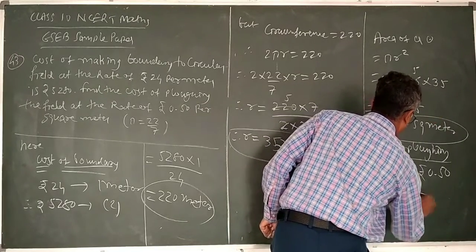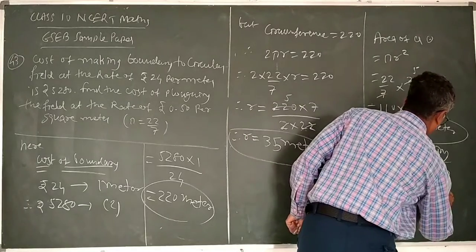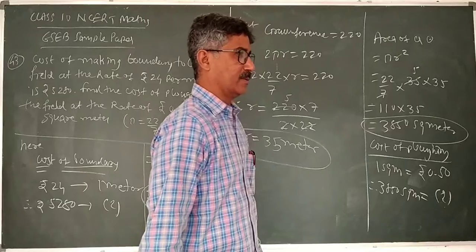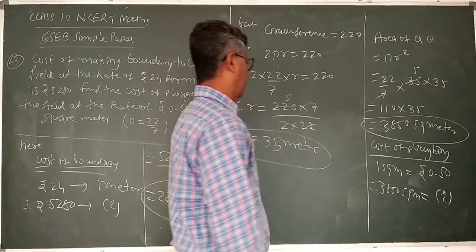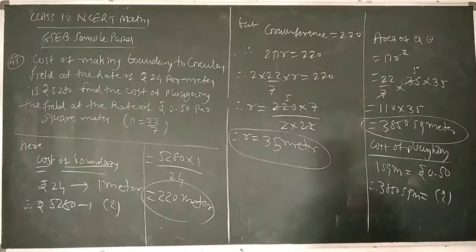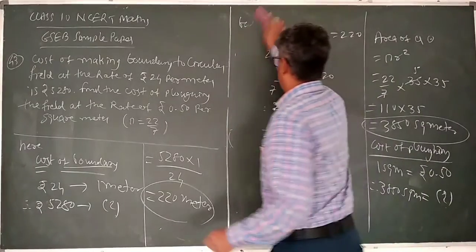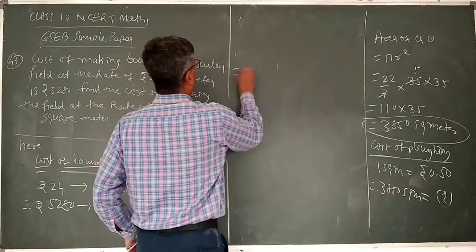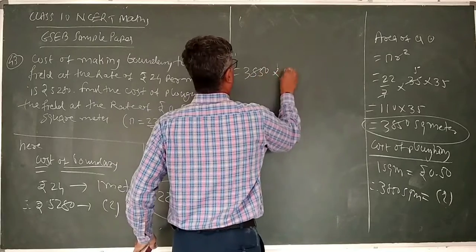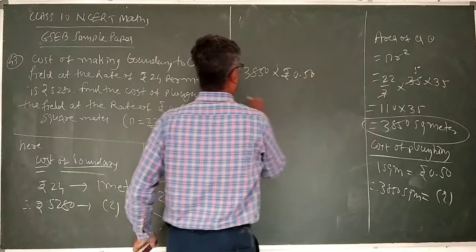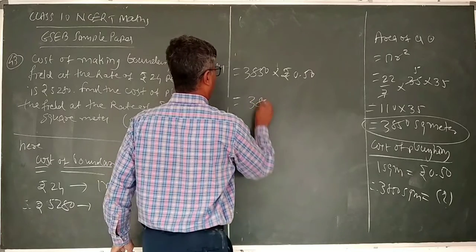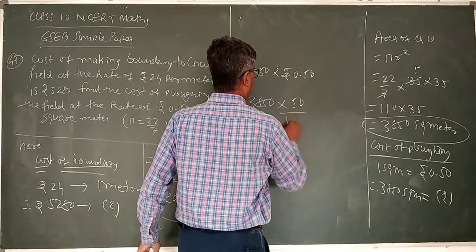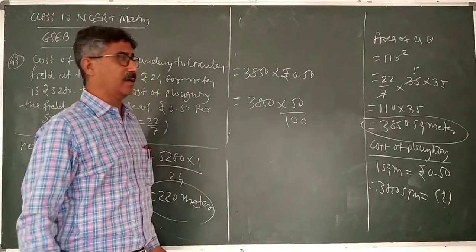Therefore for 3850 square meters, what will be the cost? Let us find out. So now it will be 3850 multiplied by rupees 0.50, that is 3850 multiplied by 50 upon 100.